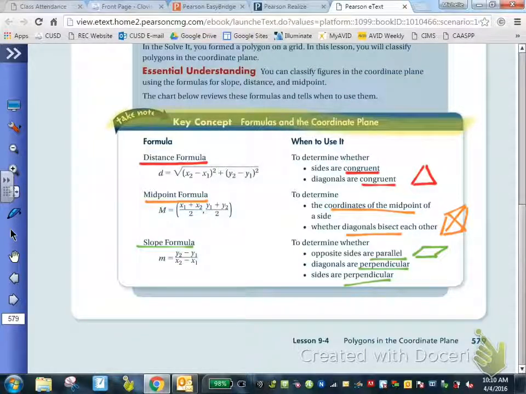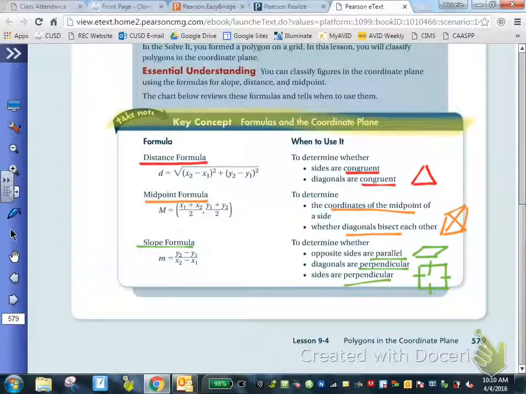Perpendicular. Guys, what shapes have perpendicular corners in them? Squares and rectangles. So I could ask you to determine that this shape is a square. And there would actually be two steps to this. First, we would need to determine that all sides are what? The same or congruent using the distance formula.